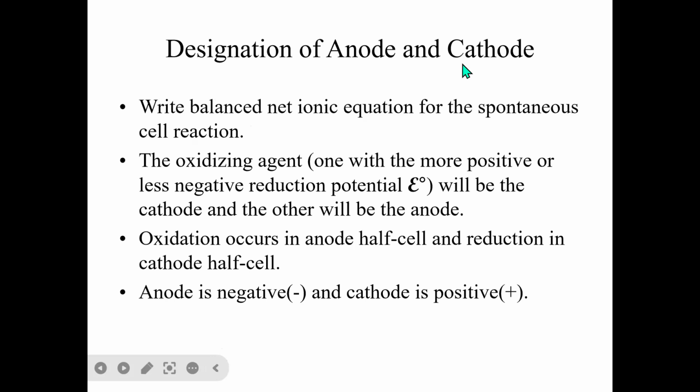And then we have the designation of anode and cathode. So write a balanced net ionic reaction for the spontaneous reaction. First, we have the oxidizing agent, that is the one with a more positive value. So if we have cell potentials, the one with a more positive value or less negative value is your oxidizing agent.